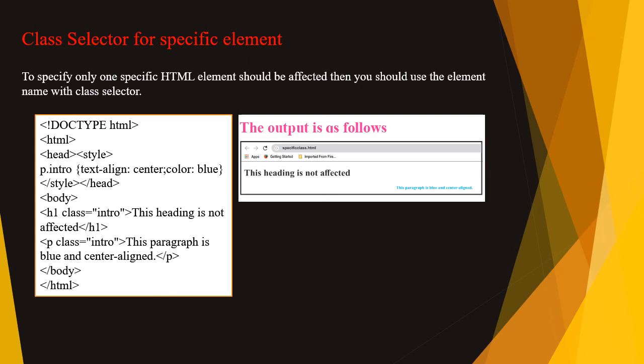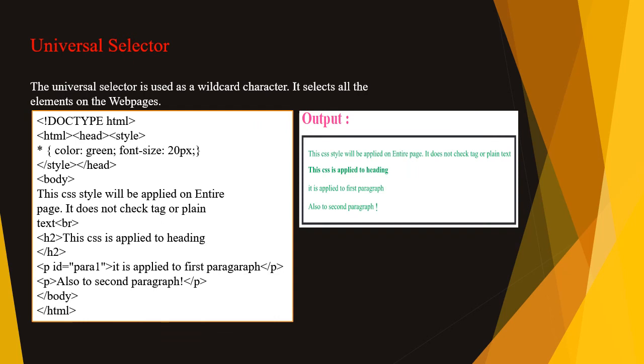Here, p.intro, that's why the style is applied only to the paragraph, not to the h1 element. If we had taken h1.intro, at that time the style would be applied to the h1 element and not to the p element. So for a specific element, we can use the class selector.